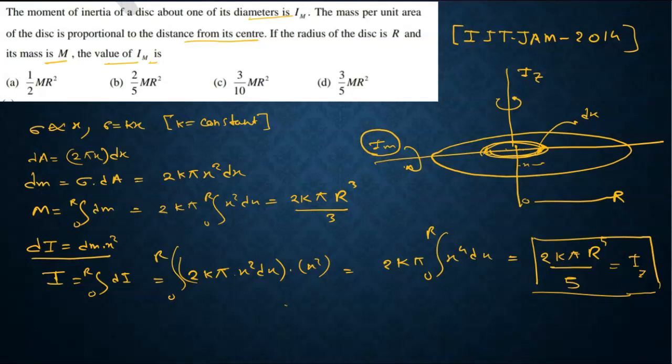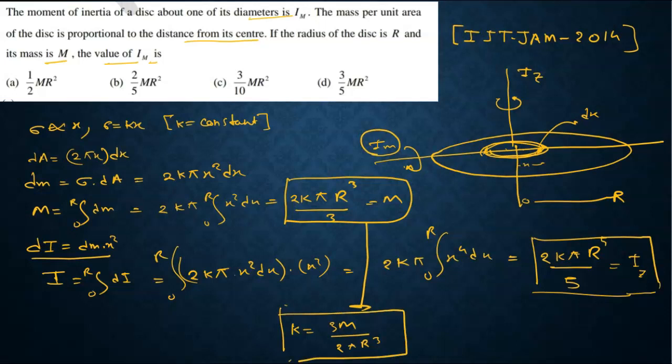Just for simplicity, we have taken the axis Iz to find the moment of inertia after integrating. From the value of m we can get the value of k. So k equals 3m by 2 pi r to the power 3.